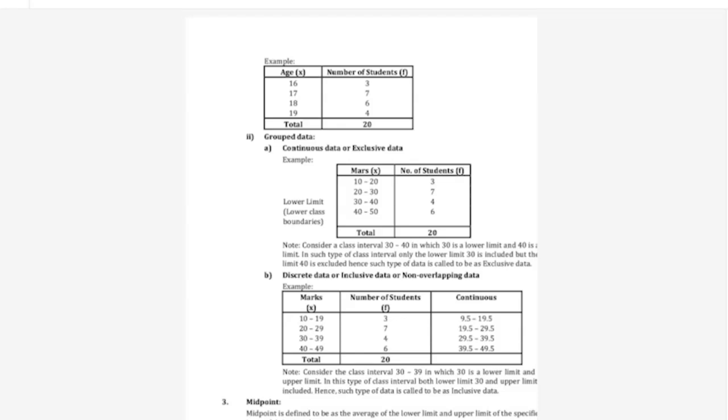Age is considered to be X, whereas the number of students is considered to be F. X is a variable whose values are 16, 17, 18, 19, whereas the number of students represents a frequency, and frequency is denoted by using a small f.